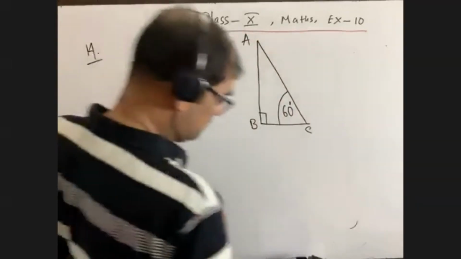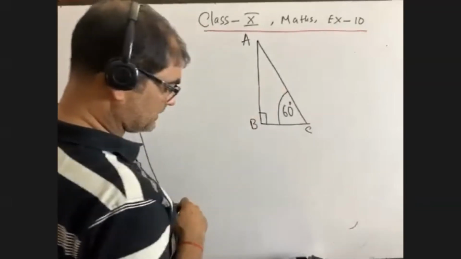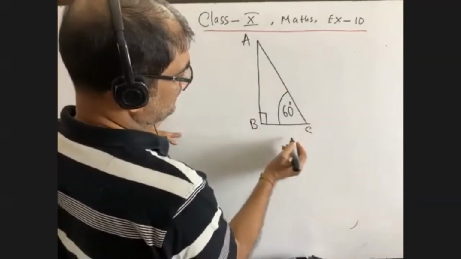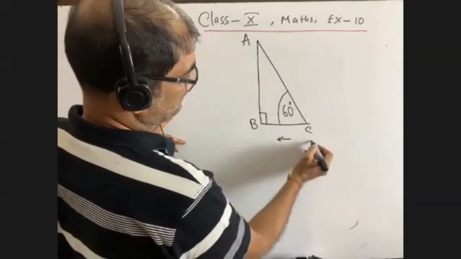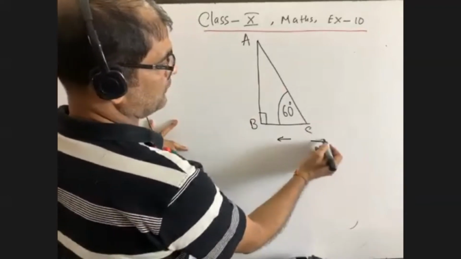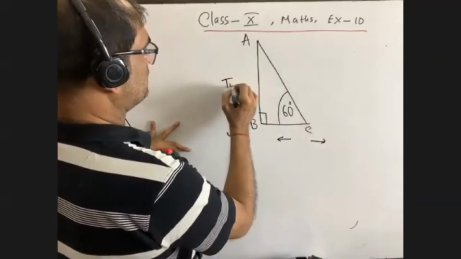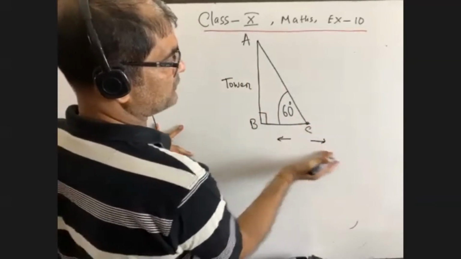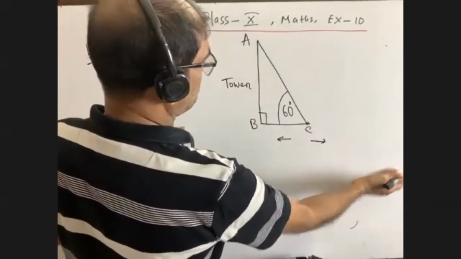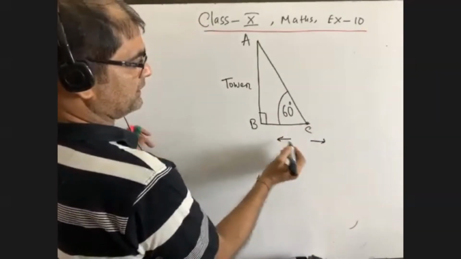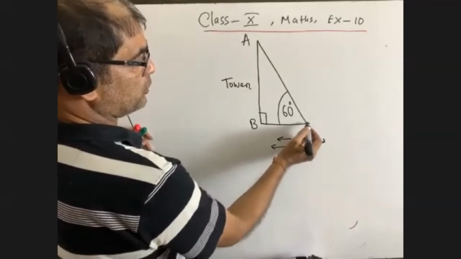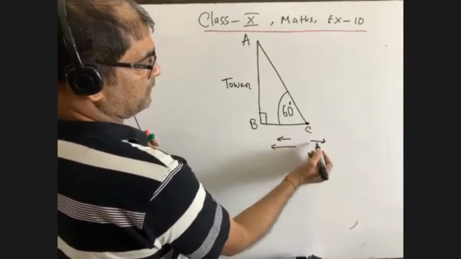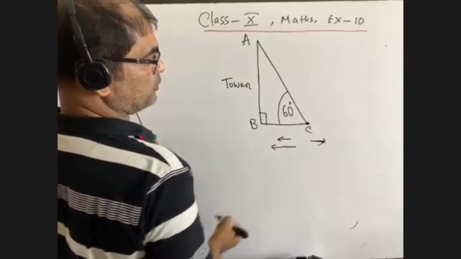Now it is told, if moved back 25 meters. Back means what? If it was forward, it would be in this direction. From this point, back is this direction, and forward is that direction. I think you have got me right.